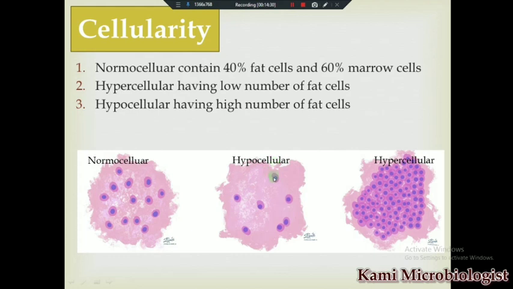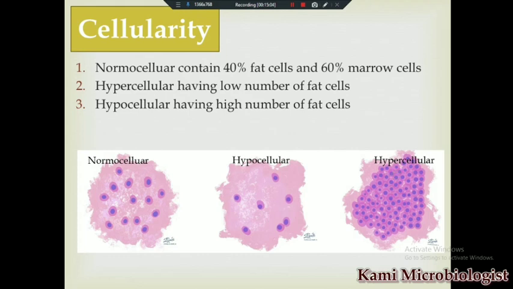It means that in this case the fat cells are increased. These white areas are the fat cells and these, as you can see, are the cells having a nucleus, these are the marrow cells. Next we have hypercellular. In this case there will be a low number of fat cells. As you can see, the fat cells are very low in number, and these are the marrow cells that are in high number.